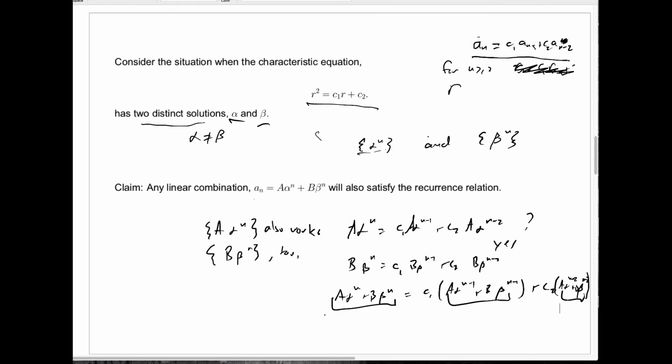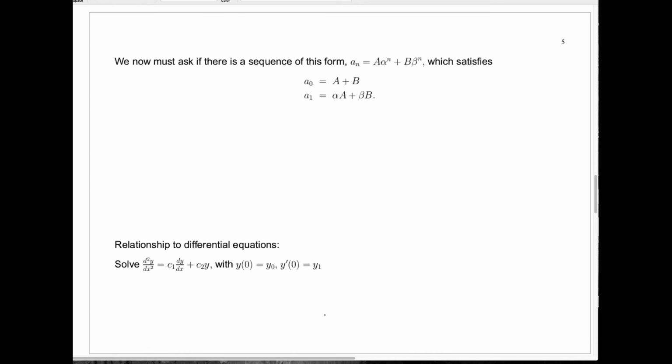And we ask the question, is the sequence I'm interested in the one that satisfies the recurrence relation and starts out correctly? Starts out with a0 and a1 at the beginning. Is that one of this form?